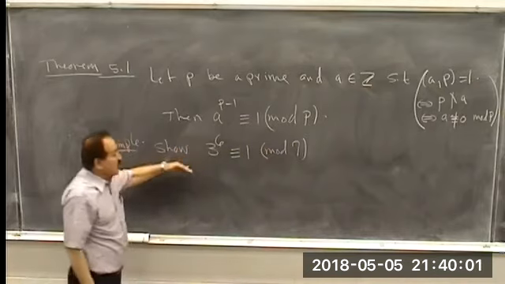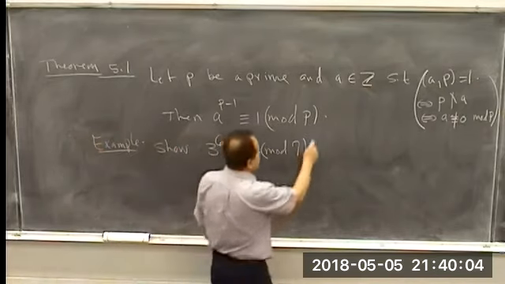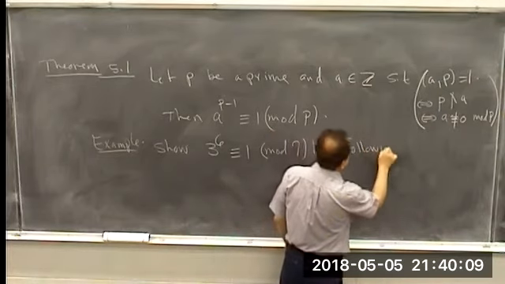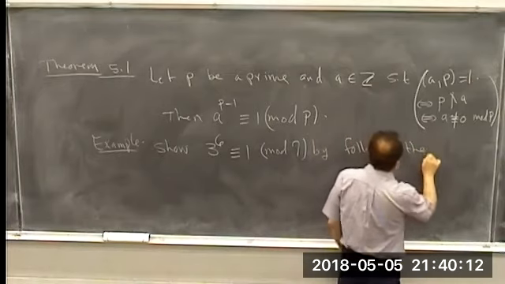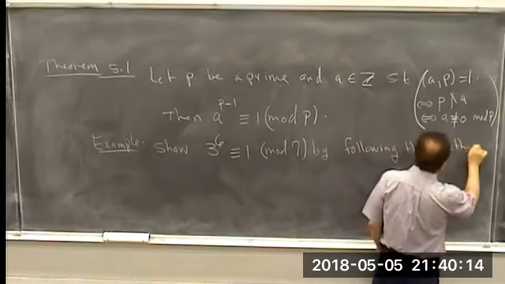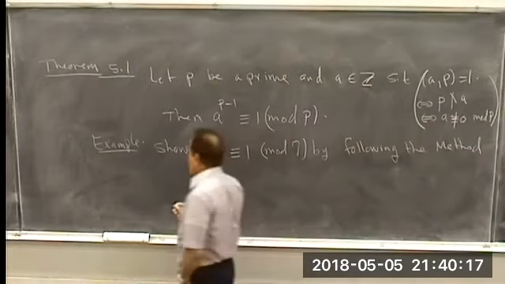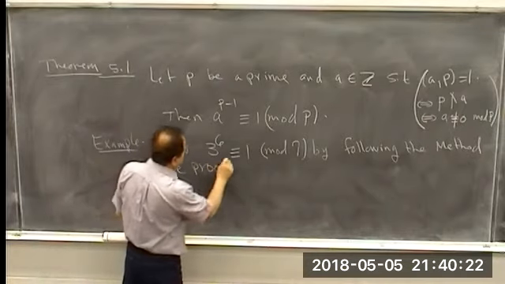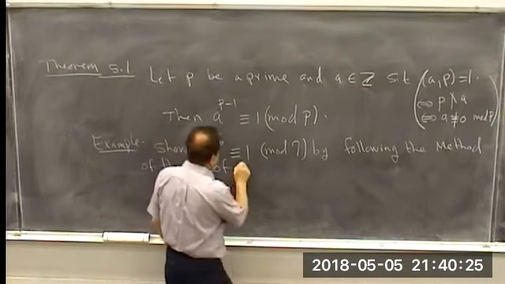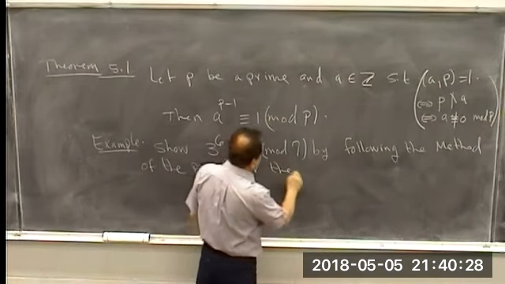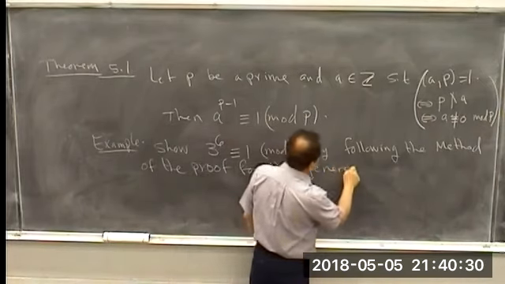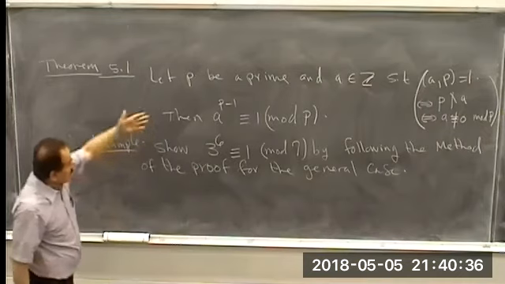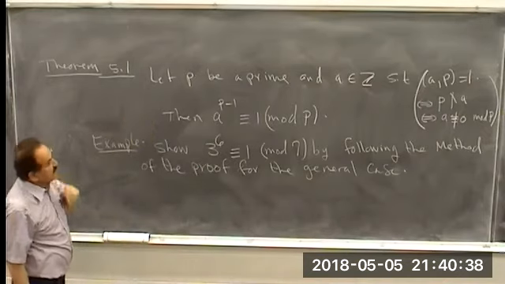We want to show this by following the method of the proof for the general case. So in other words, we're going to do the proof as we're going to do it for the theorem itself.